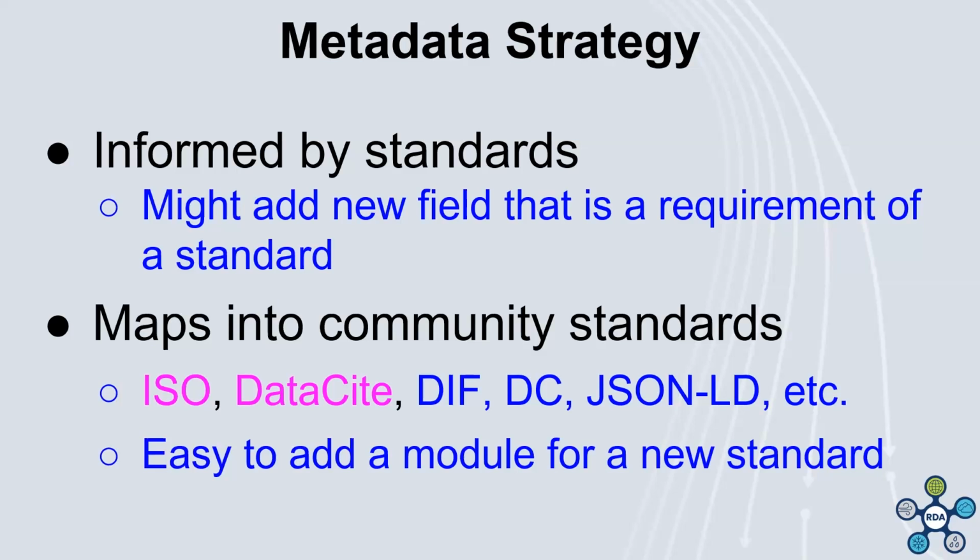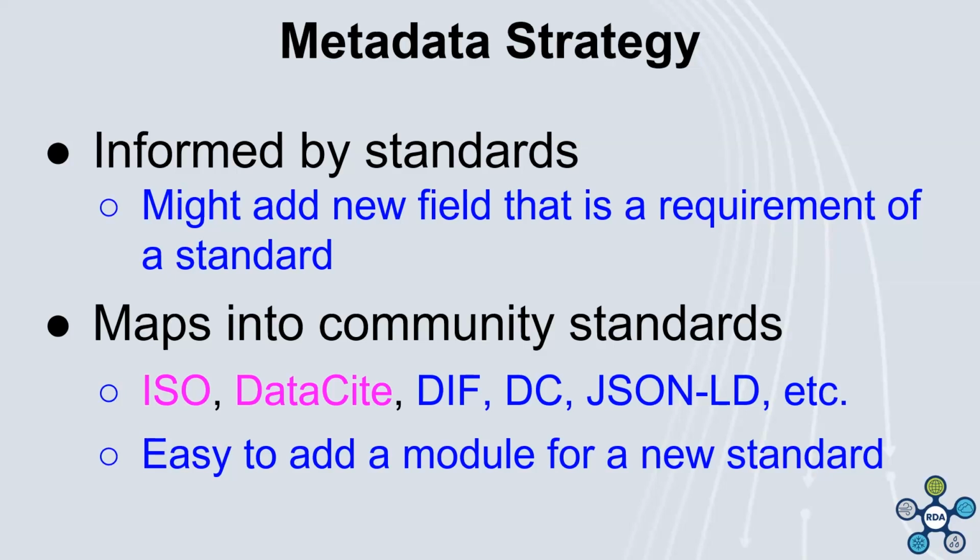And that gets into what we do, which is that we map into many community standards. So the two in pink are the two standards that we actually push metadata to. We push ISO 19139 to the UCAR dataset search because the CKAN instance needs that for metadata harvesting.